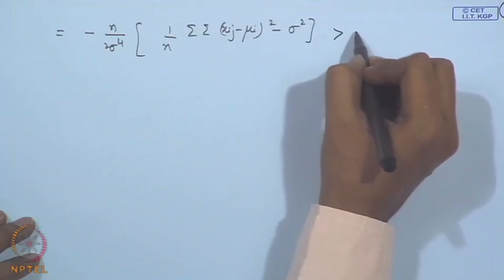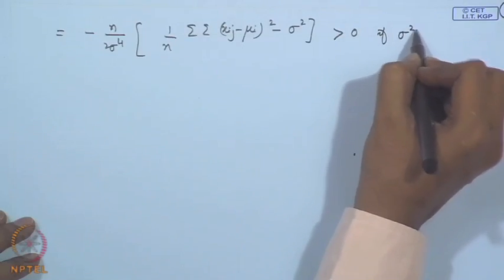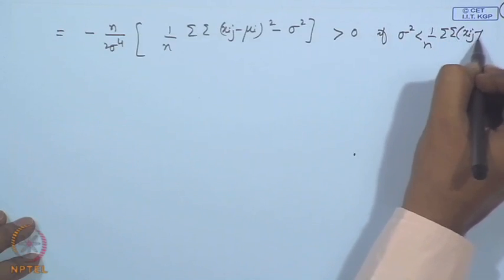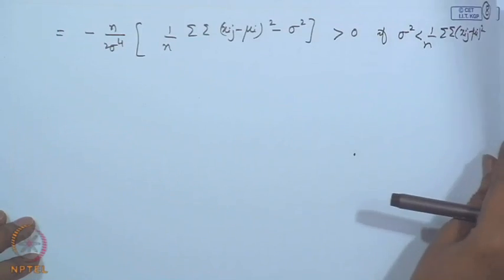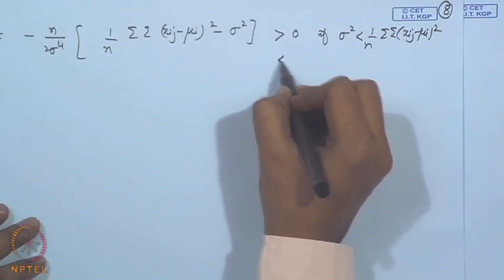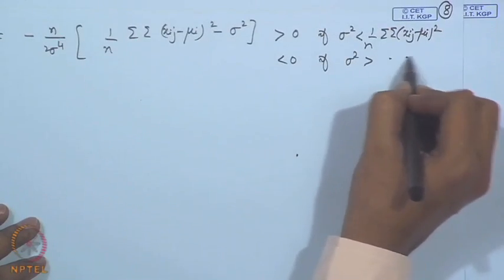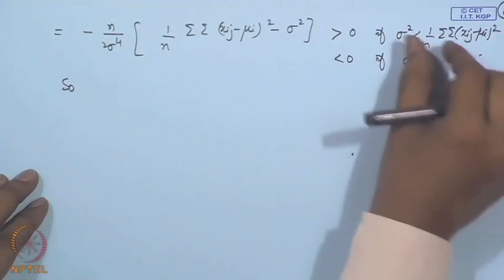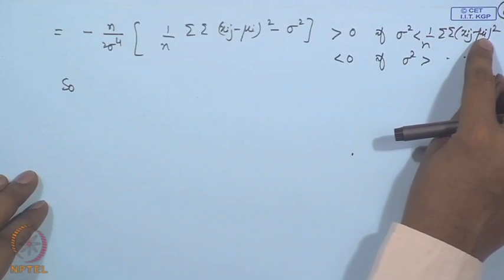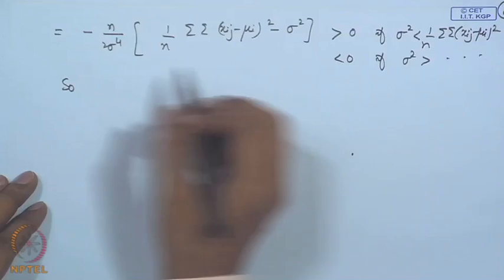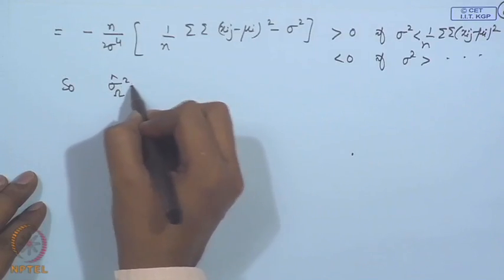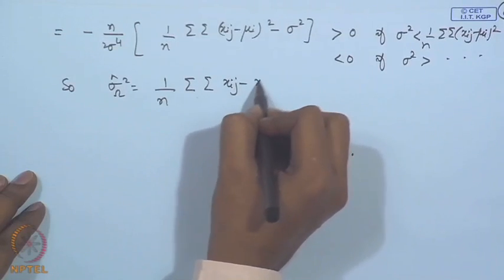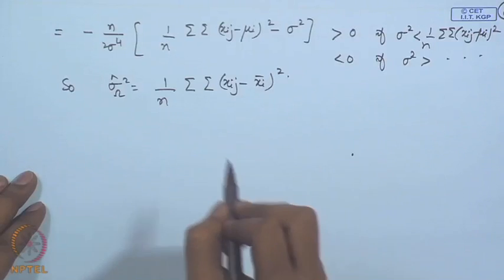So, once again you can see it is greater than 0 if sigma square is less than 1 by n double summation x i j minus mu i square, and it is less than 0 if sigma square is greater than this. So, obviously, the maximization is occurring at this point, and since mu i is estimated to be x i bar, we get sigma omega hat square equal to 1 by n double summation x i j minus x i bar square.